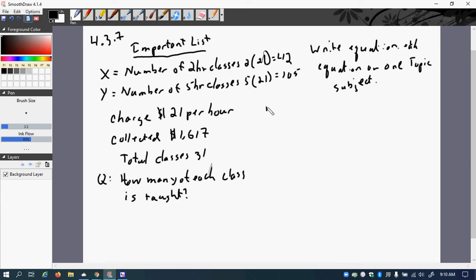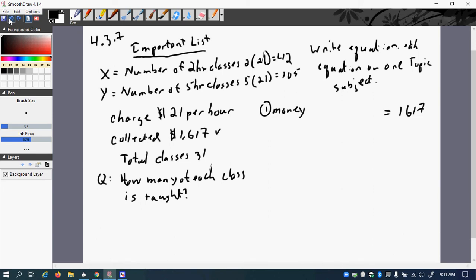My first equation is going to be about money. Everything I write in my equation is going to be about money, because this is why I picked this one here. So I have to have equal to $1,617.